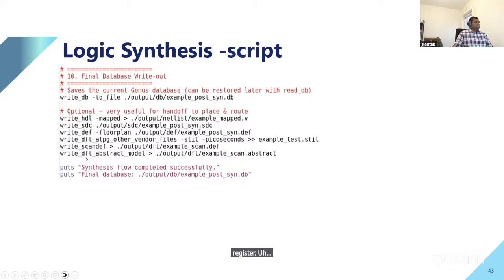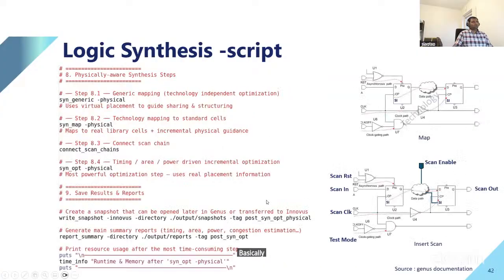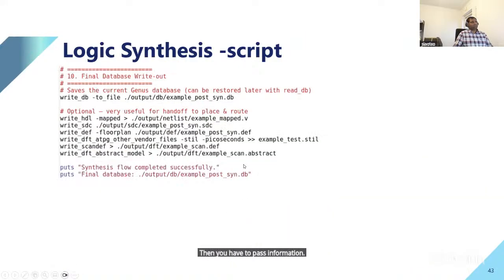And then it will write a scan model also. Basically, if this scan-inserted block should go into another block, and if it should use this already implemented scan structure, then you have to pass information in this format. So this is the functional information. This is timing information.